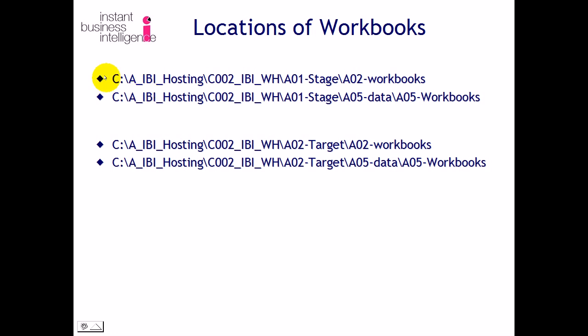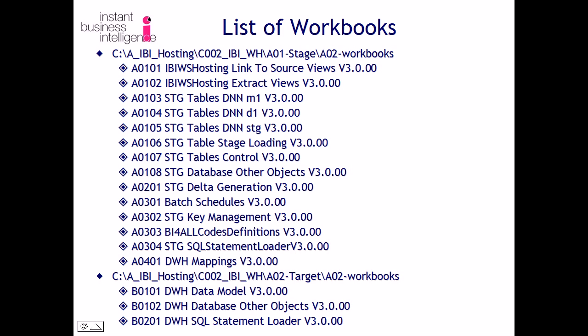So where do the workbooks live? Just so it's on a slide and you can see it, this is where the workbooks live, in stage and target. So workbooks for definitions, workbooks for data. Now in the detailed presentation we will go through what is in these workbooks, but at the moment we'll just tell you these are the names of the workbooks, and they're numbered so that you would read them in the order they are numbered in, and that becomes the directory structure order, and they are processed in that order as well when you are setting up the database.